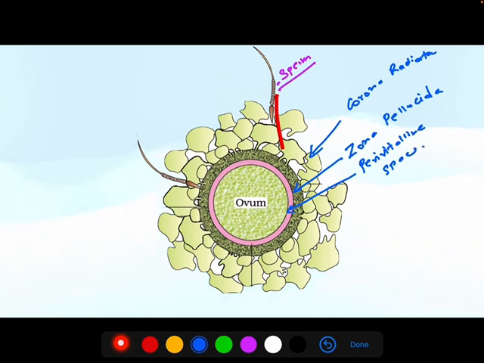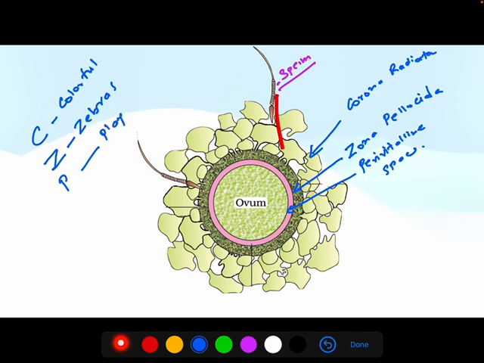So how do we remember this? We have CZP. Let us say colorful zebras play. So that we can remember it from outside to inwards. We have the corona radiata, zona pellucida, and the perivitelline space.